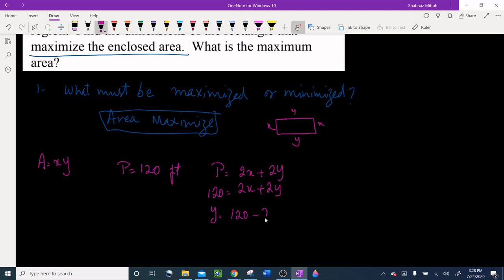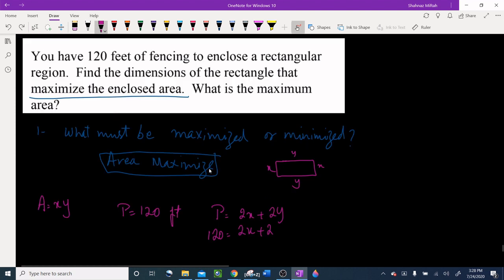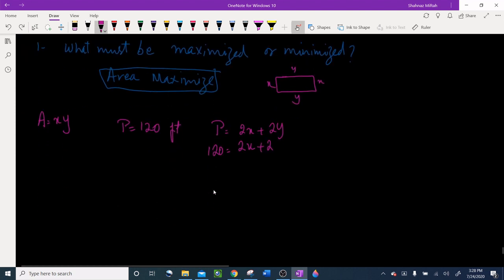So it's going to give me y equals 120 minus 2x. Let me do it step by step. First, that's 2y, subtract 2x. So I'm going to subtract 2x from both sides, they cancel. So I got 120 minus 2x equals 2y.